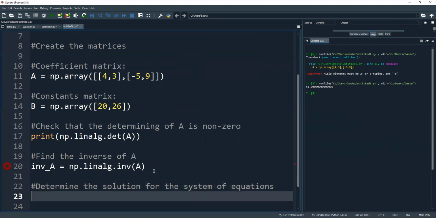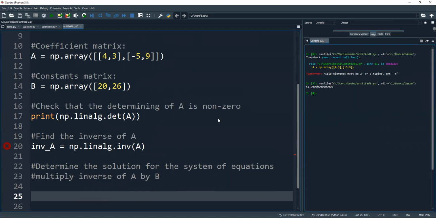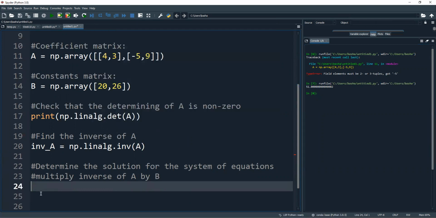Okay, so now to get the solution, we said we'll multiply the inverse of A by B, right? Multiply inverse of A by B. And this is how we determine the solution for the system of equations. So I'm going to say x is equal to np.linalg.inv(A).dot(B), right?